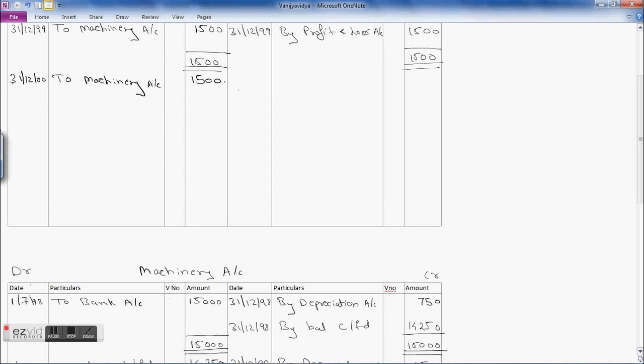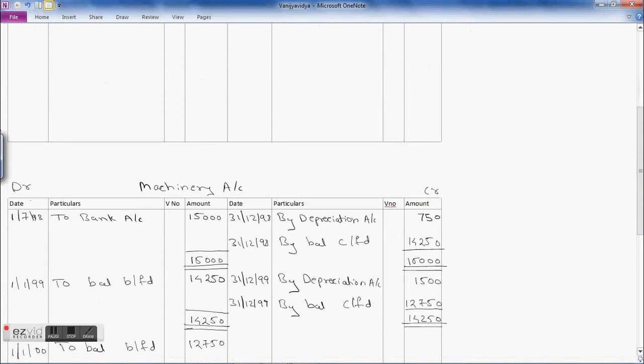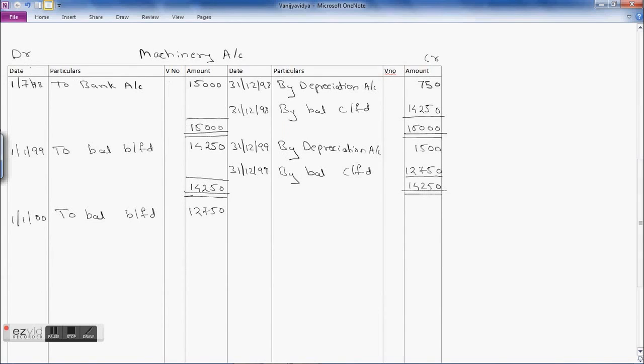How much is it? 1500. Machinery account again will give the second effect, 31/12/2000 by depreciation account 1500. Okay, and we'll close the machinery account and carry forward the balance.